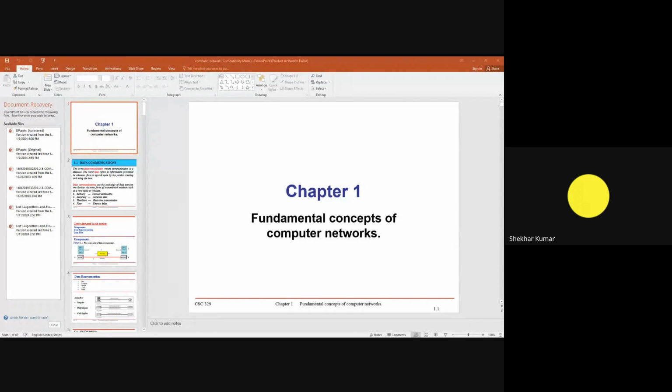They developed a network called ARPANET. That network was designed to share data and process data over a set of particular computers connected through telephone and satellite links.